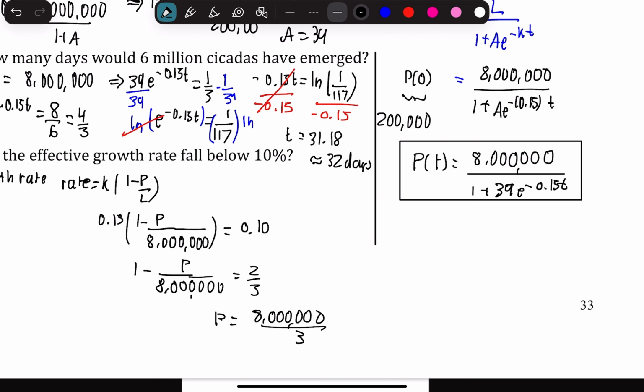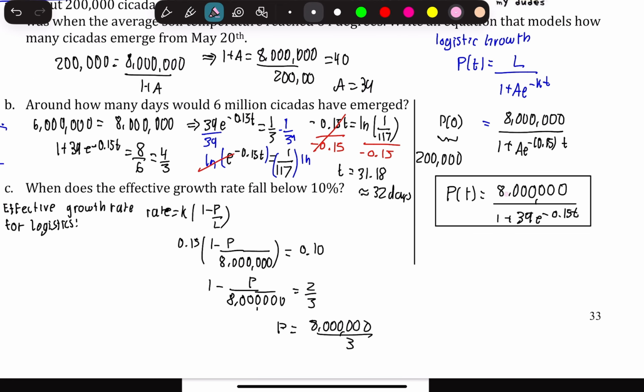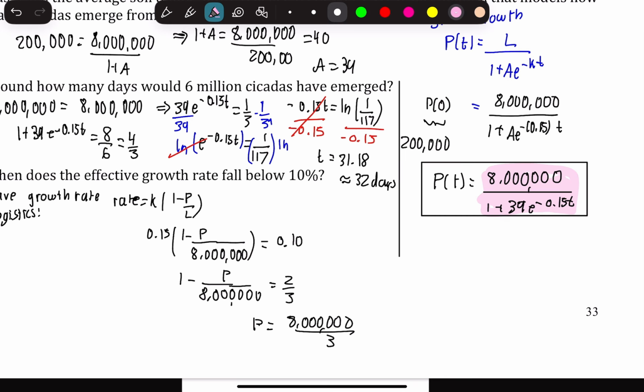Now we know that from earlier we had that P was equal to this expression, and we also know that P is equal to this, so we can set them equal. These are all equal to P, so we can basically set this equal, and then we solve for t again.